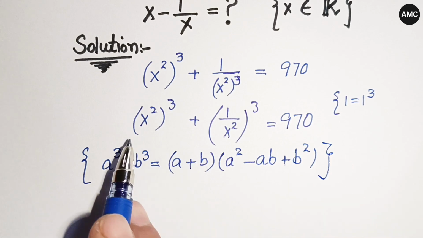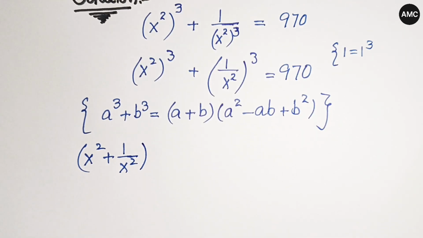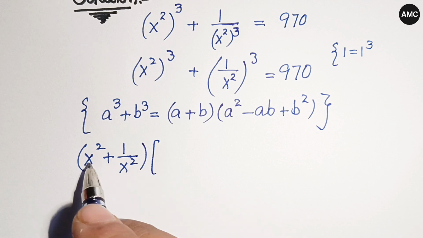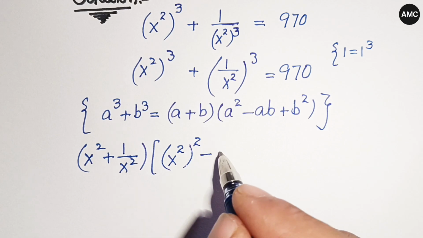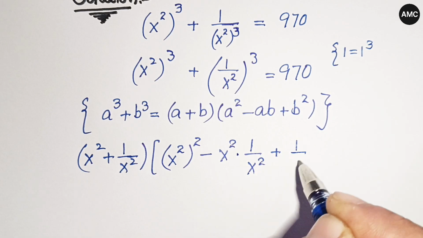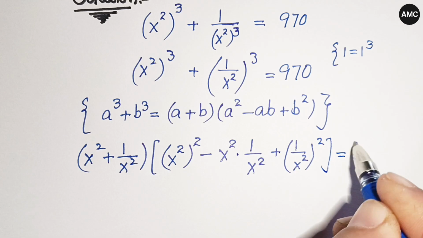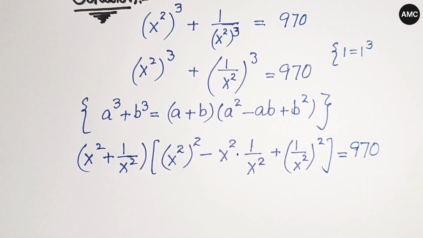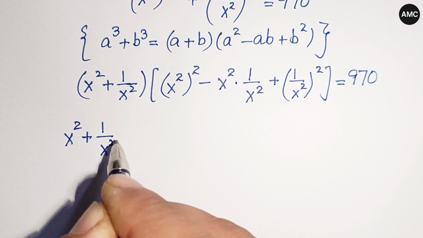Applying this identity here, a plus b is x squared plus 1 over x squared, times a squared, where a is x squared, so x squared whole squared, minus a, which is x squared, times b, which is 1 over x squared, plus 1 over x squared whole squared, is equal to 970.